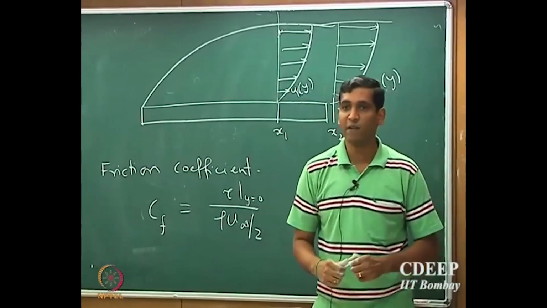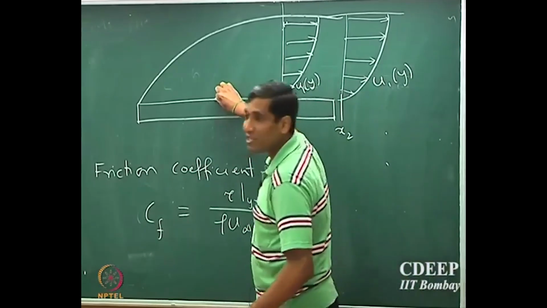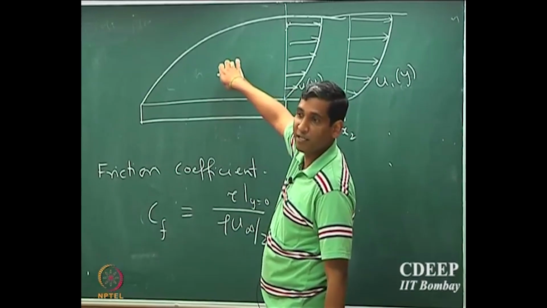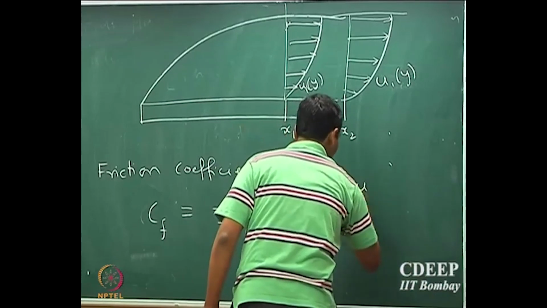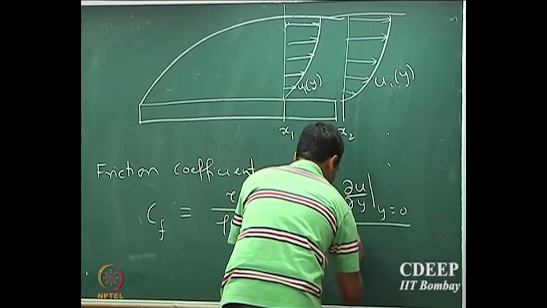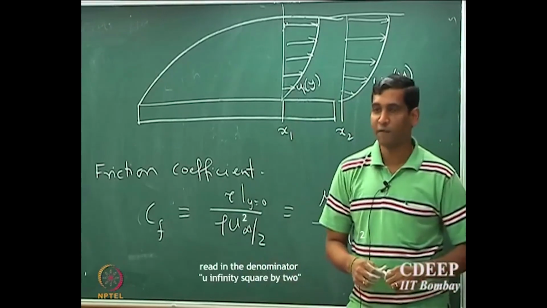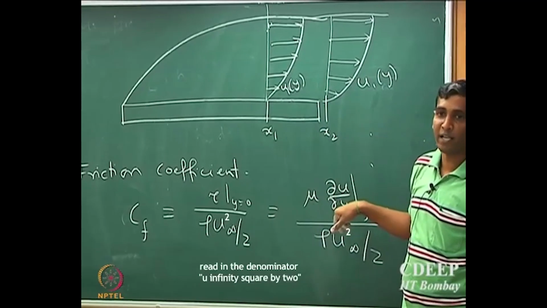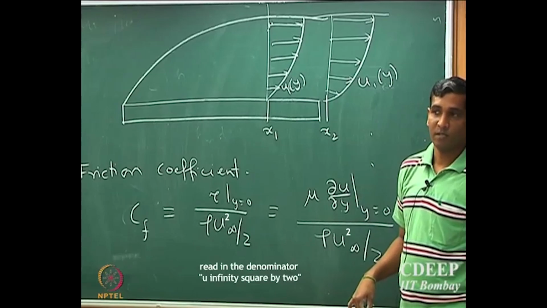This characterizes the shear stress present at the interface between the flat plate and the fluid. So that will be mu into du by dy at y equal to 0, divided by rho u infinity squared by 2. Shear stress is given by viscosity multiplied by the x component velocity gradient at y equal to 0.